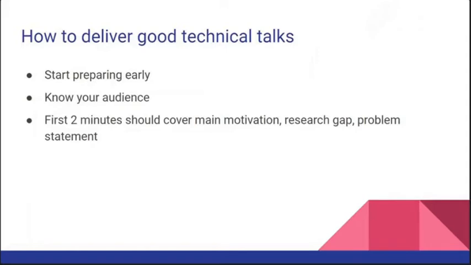In the first 2 minutes, you should cover the main motivation of the problem. For example, take hate speech, where there are some works on automatically detecting hate speech from social media.